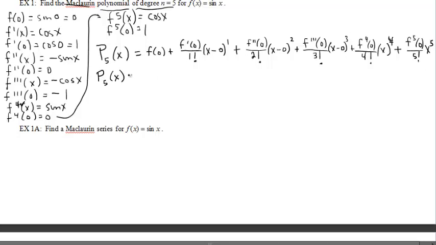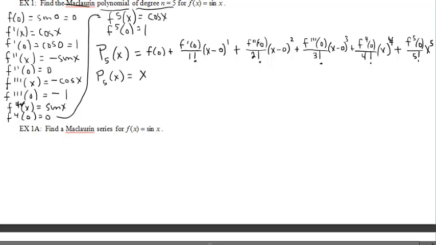So a little cleanup. The functional value at 0 was found up here at 0. The f prime at 0 was 1, so this numerator will become 1 over 1 factorial times quantity x minus 0, which is just x. So that whole term collapsed to x. The second derivative at 0, coming back over here, is 0.